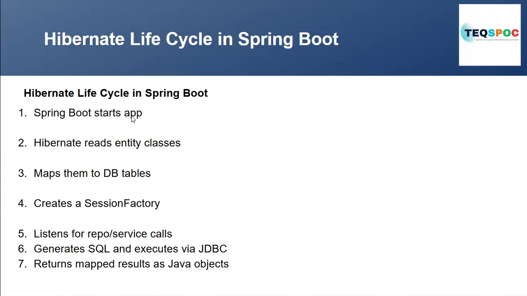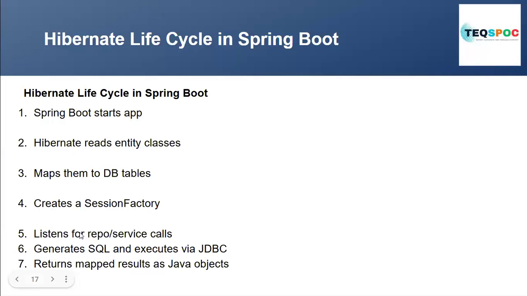When we start the Spring Boot app, Hibernate reads the entity class, creates the table in the database with the name of the entity class, and maps it to the DB table with the help of objects of that entity class. Afterward it creates a session factory.